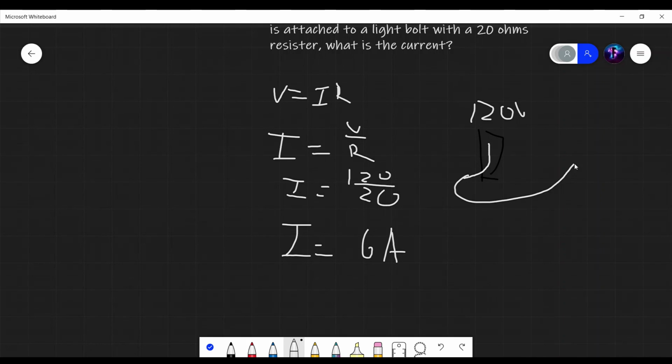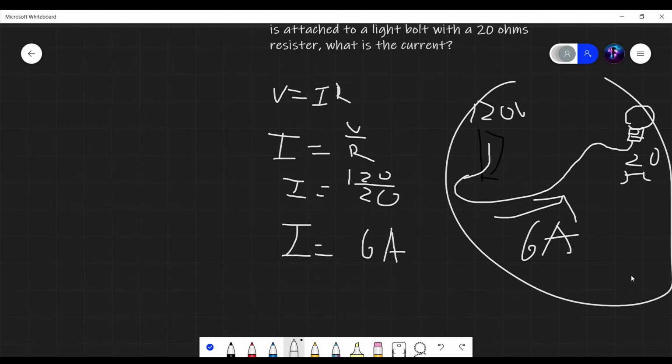It's attached to a light bulb. My drawing is not the best, let me make it more realistic. There we go. And it has a 20 ohms resistor. And the correct current is 6 amps. So this is what it will look like.